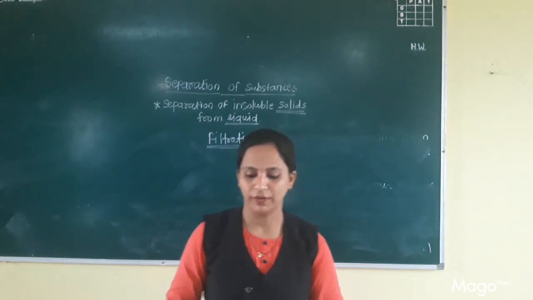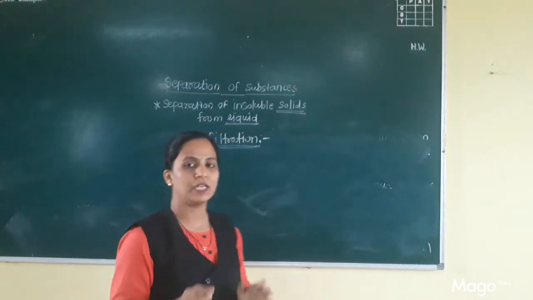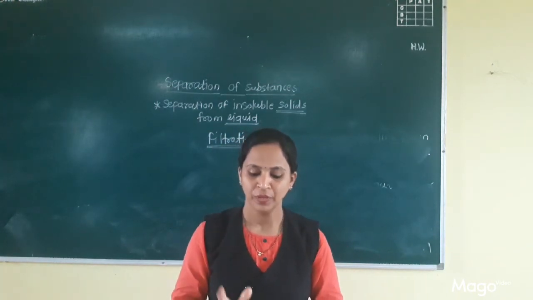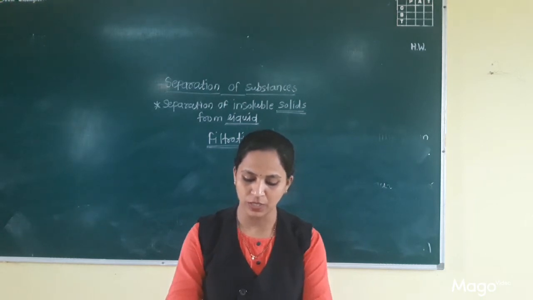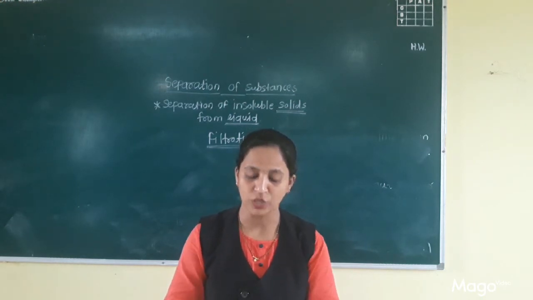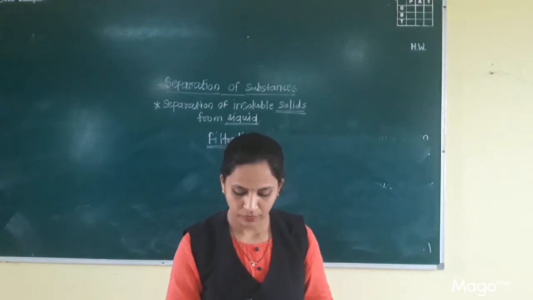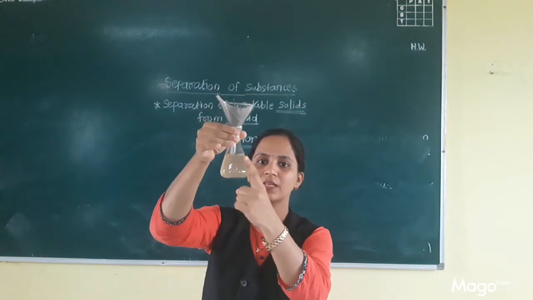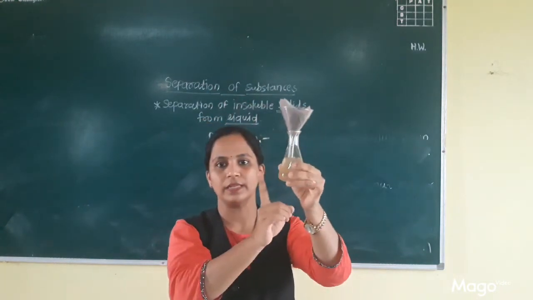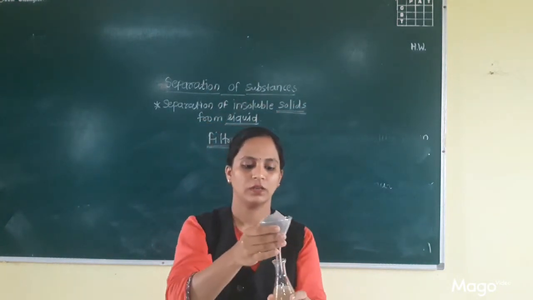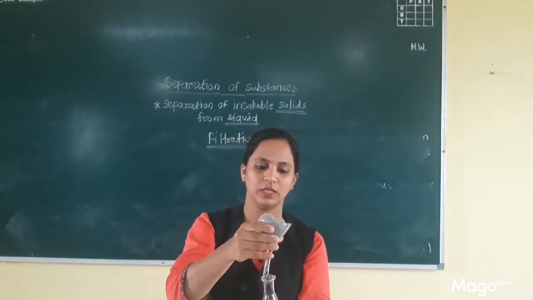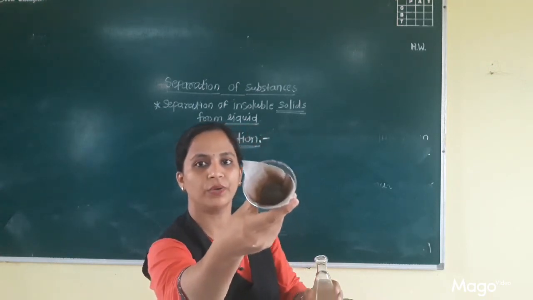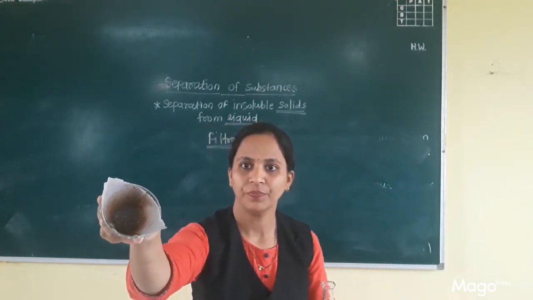So what is filtration? It is the process of separation of insoluble solid from the liquid by using a filter. Here we are using filter paper to filter that mixture of sand and water. Now you can see here, in the conical flask all this water gets separated, it is clear water, and in this funnel the residue remains on the filter paper. Here you can see easily.